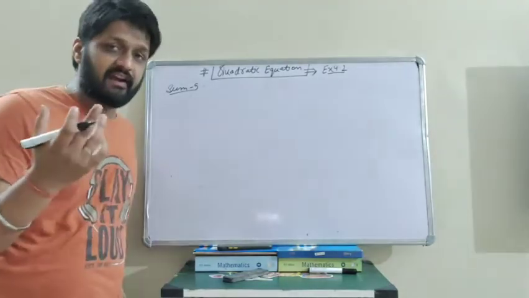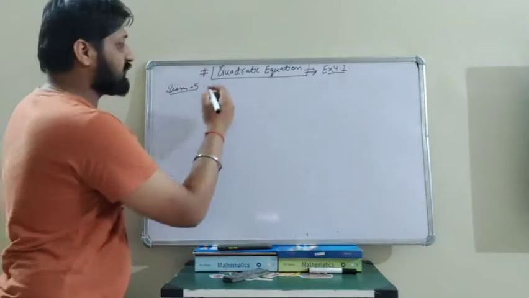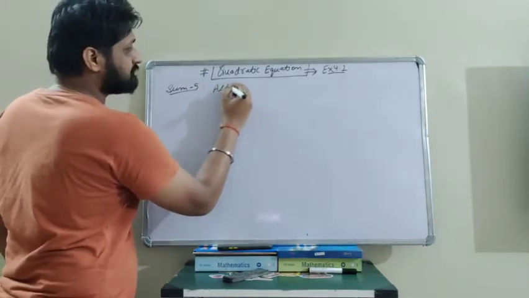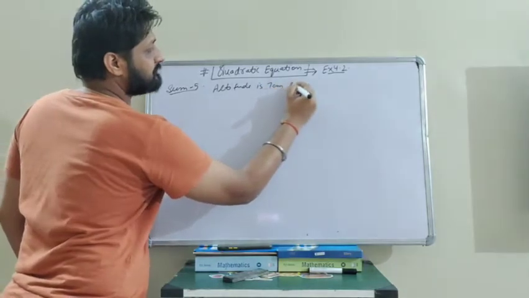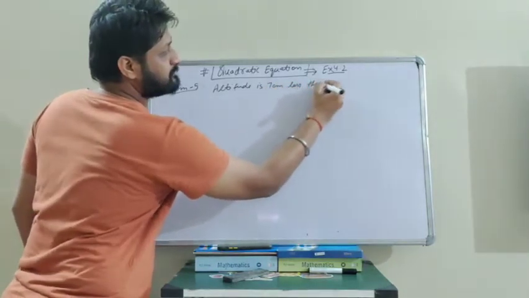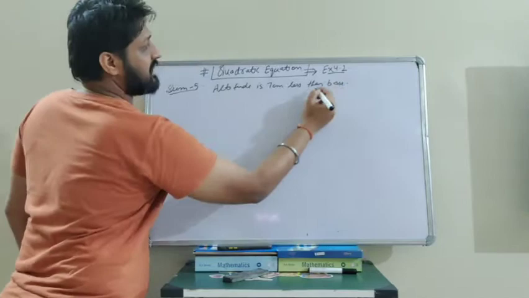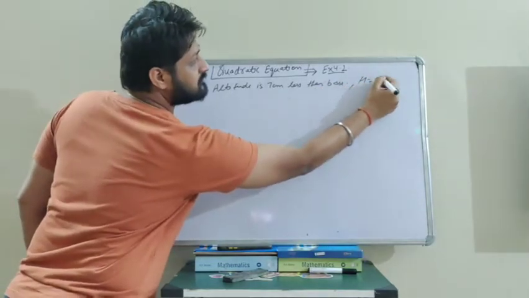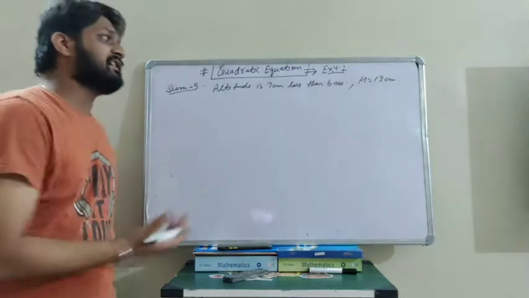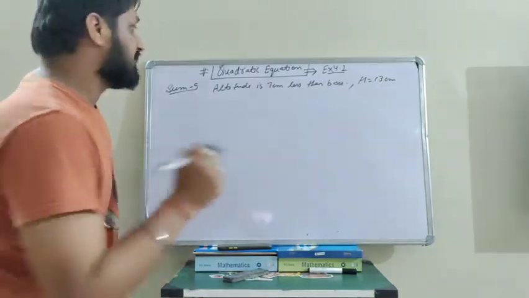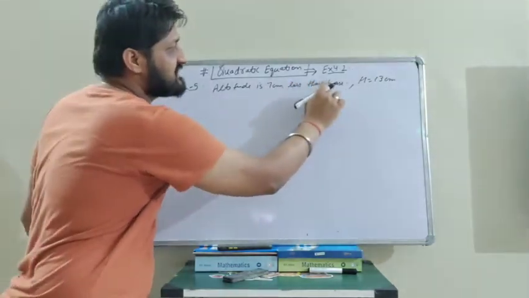We have to find the altitude and the base as well. So what is given? Altitude is 7 centimeter less than base and hypotenuse is given 13 centimeters. So we have to find the altitude as well as the base.